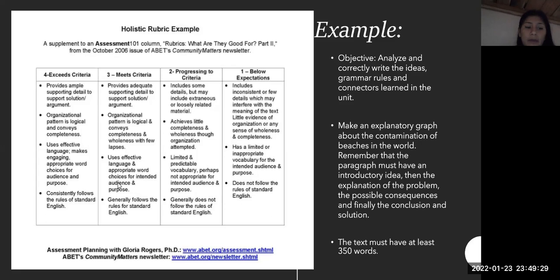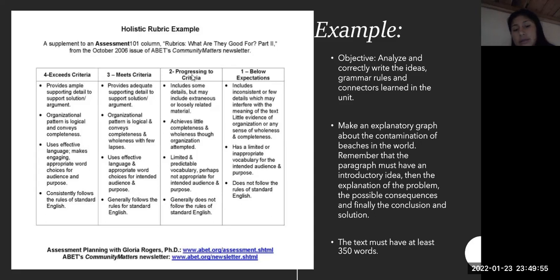Next idea is, for example, students present used criteria, use effective language, make an engaging, appropriate word choice for audience and purpose. The points are 4 points for this item.